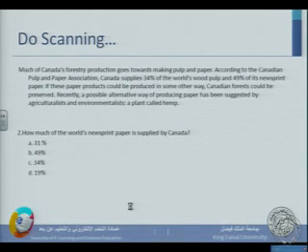Notice now I'm not going to read the paragraph. I'm going to read the question. The question is, how much of the world's newsprint paper is supplied by Canada? Again, I don't read the whole passage, I look at the answers, I see the percentages now.